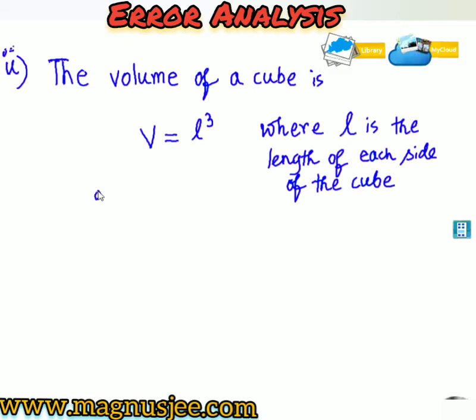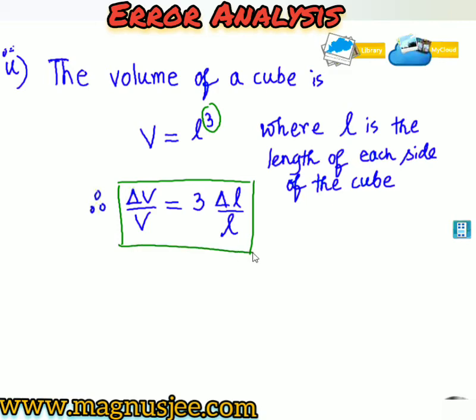Therefore, delta V by V, that is relative error in the measurement of the volume of the cube, equals 3 delta L by L. Now V equals L cube, the power of L is 3, and that 3 comes in front of delta L by L. That means delta V by V equals 3 times delta L by L. Relative error in the measurement of volume of the cube is 3 times the relative error in the measurement of the length of each side of the cube.